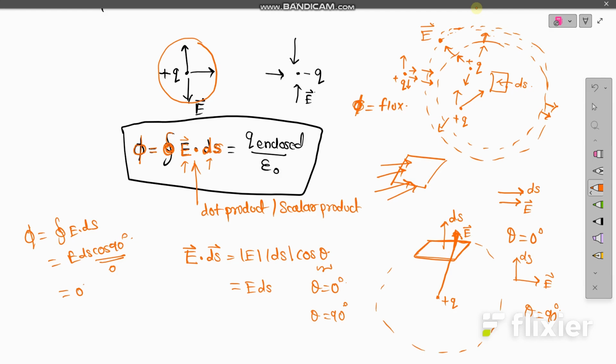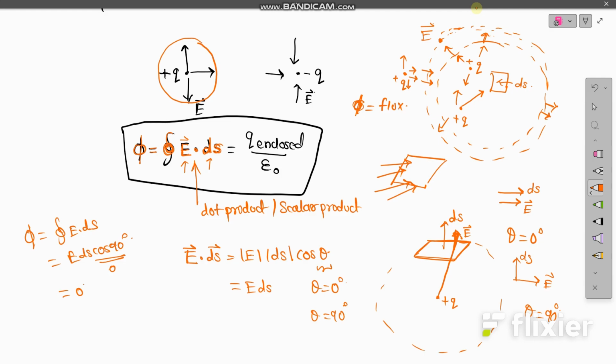So the flux is going to have some finite value when theta is equal to 0 degrees, and the flux is going to be 0 when the two vectors are perpendicular to each other, that is, theta is equal to 90 degrees.